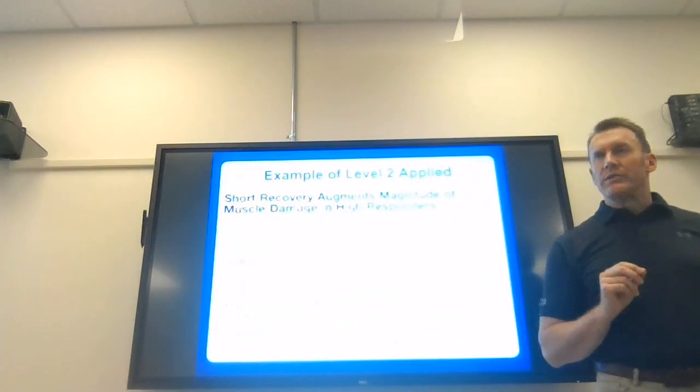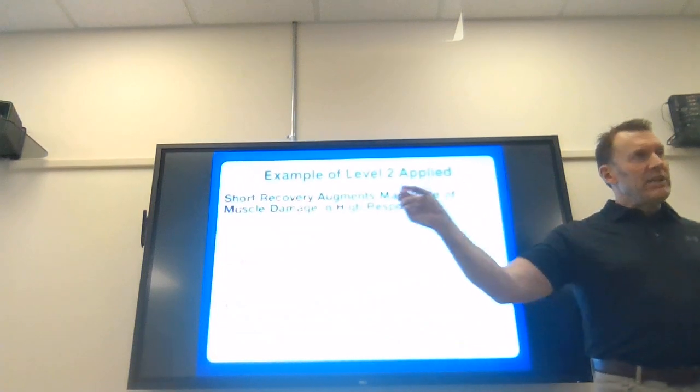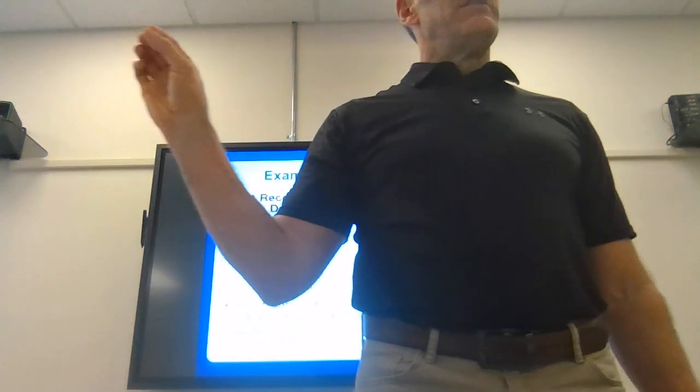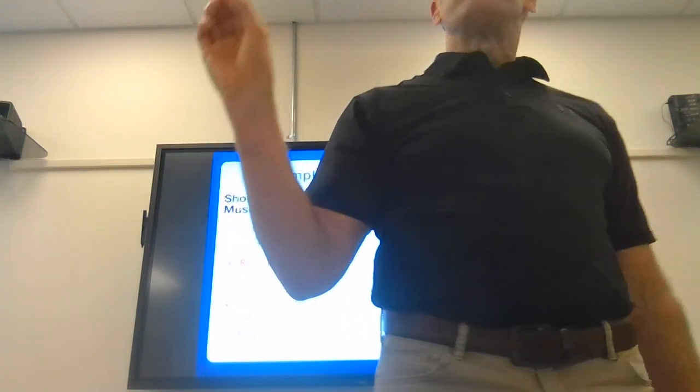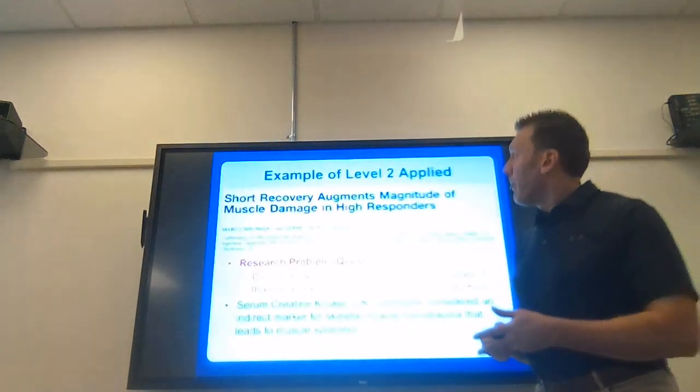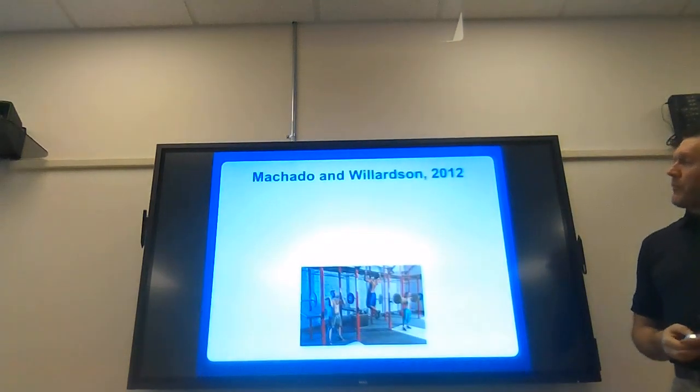So 24 hours, 48 hours, 72 hours. And the time course of reductions in creatine kinase kind of corresponds with how the soreness response goes from the peak down to where soreness is kind of going away. So that's what we tried to do.